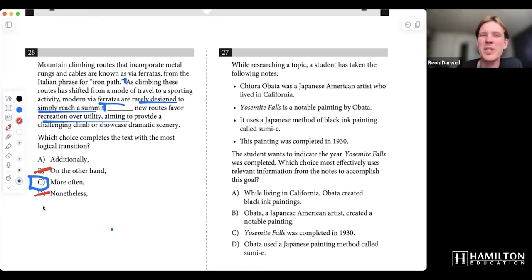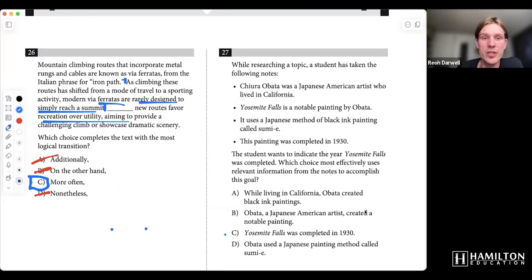It'd be a concession, meaning we're slightly undercutting or disproving the previous claim. But again, we're trying to affirm the previous claim that they are no longer designed to simply reach a summit. "Additionally" would mean that we're given new additional information. But is this additional information? No, it's just an example of information that we've already been presented with. Okay, so that is how we get to "more often" for this transitions question.